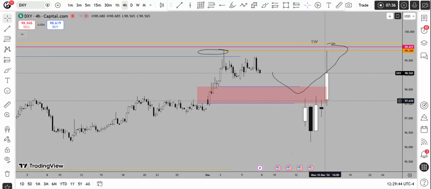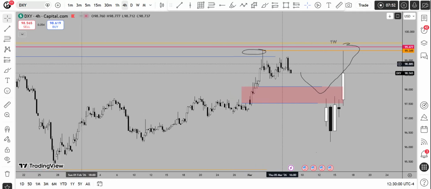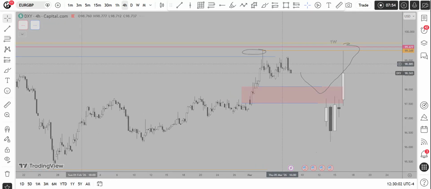If you see the weekly candle right over here, we have been aggressively bullish. We do have a rejection right over here, the big rejection, but still we have this pending area to be filled. So yeah, we can expect the price to come down in the following week, and then we can push higher.